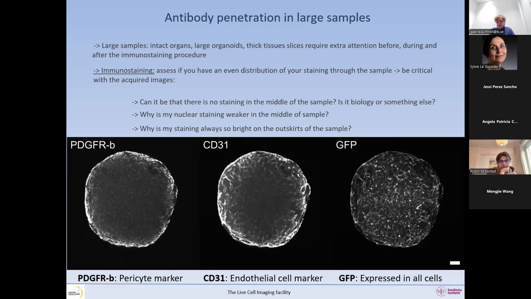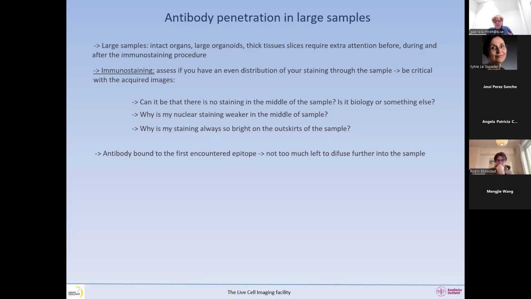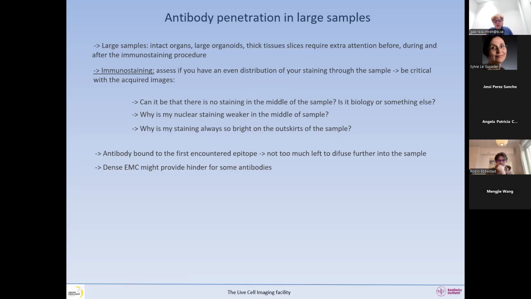So definitely, this means that there are some antibody penetration issues here, and you have to deal with them. Why is this happening? It is because quite often the antibody will bind to the first encountered epitope, so there is not too much left to diffuse further through the sample.